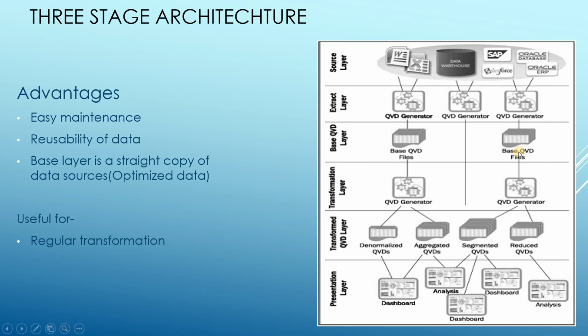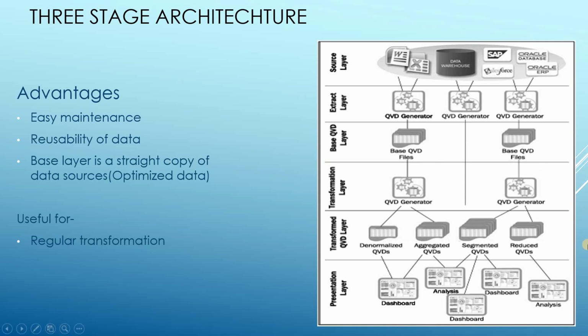The previous QVD layer is now converted to a base QVD layer. Then the fourth is the transformation layer, the transformation QVD layer, and the presentation layer. So these two are the additional layers.